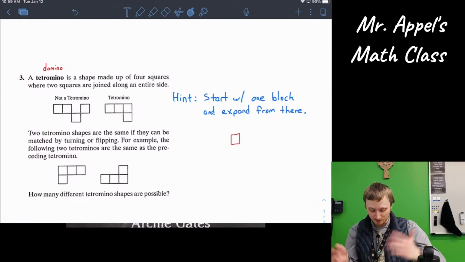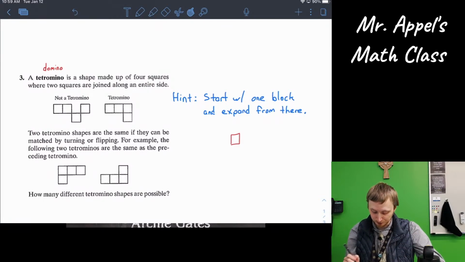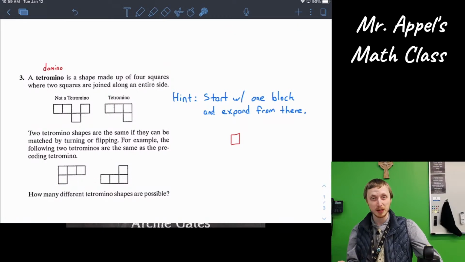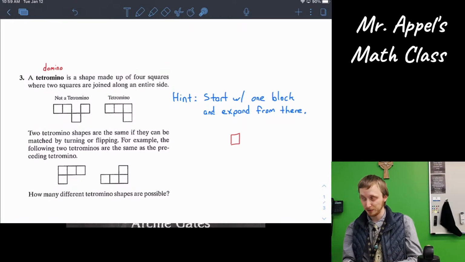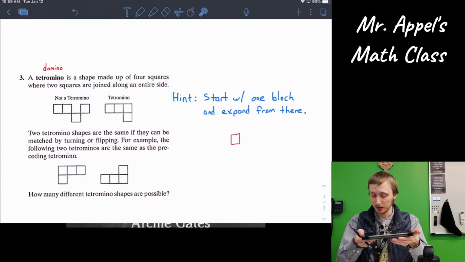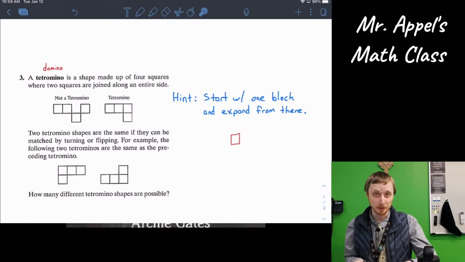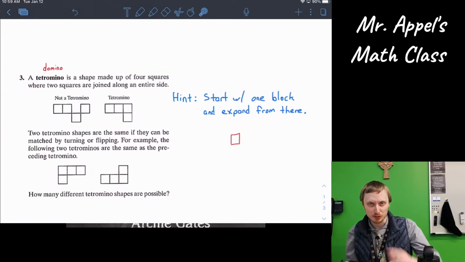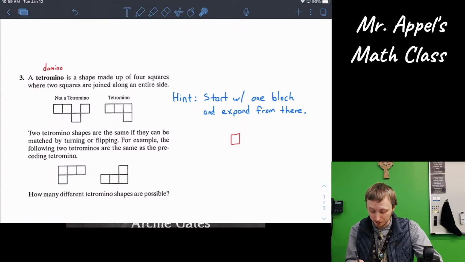Until you've gone every possible method, right? And then I mentioned something about, you want to make sure that if they flip over, you don't get the same shape. This is where having a piece of paper really makes this easy, because you can literally spin it around and say, oh wait, that's the same thing but upside down. Okay, it's not a new one. Right, so there you go, double hint on problem 2.